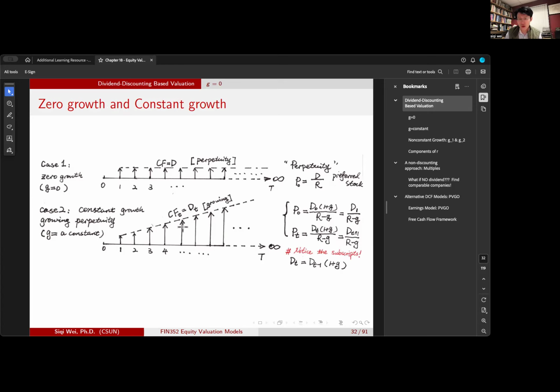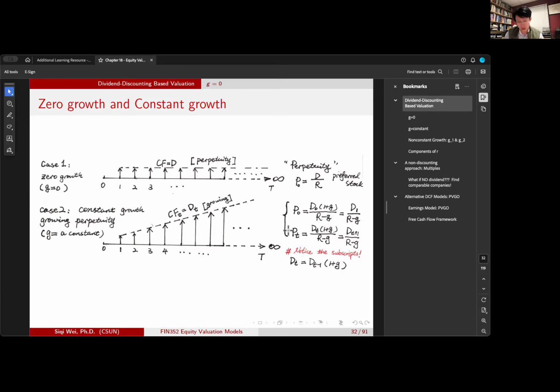A second cash flow pattern we visit is constant growing perpetuity. It means that it is a perpetuity, but the level of the cash flow is growing over time. That's what we discussed last time. We have a beautiful name: we call it the Gordon dividend growth model.